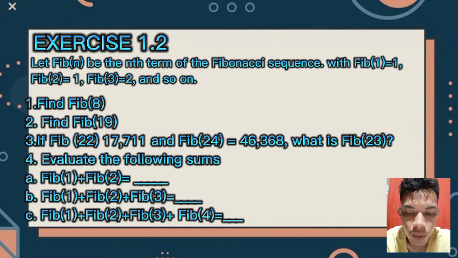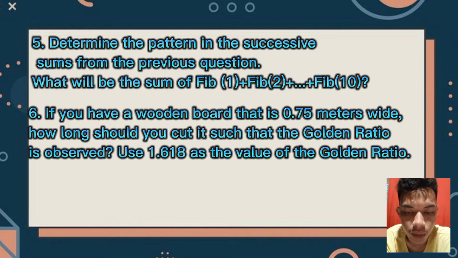4. Evaluate the following sums. A. Fib 1 plus Fib 2 is equal to blank. B. Fib 1 plus Fib 2 plus Fib 3 is equal to blank. And C. Fib 1 plus Fib 2 plus Fib 3 plus Fib 4 is equal to blank. 5. Determine the pattern in the successive sums from the previous question.